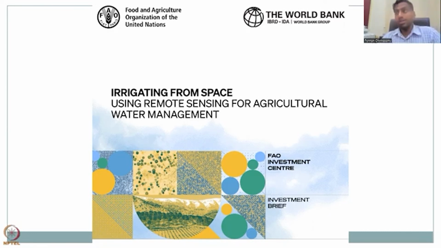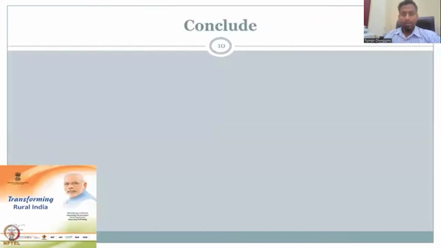Water management is very key for remote sensing applications, and also for rural development. So I encourage you to go and read this book. It's free, open source, and this is what most of the governments will follow, because it has been written and published along with the FAO, the Food and Agriculture Organization of the United Nations, with active funding from the World Bank.